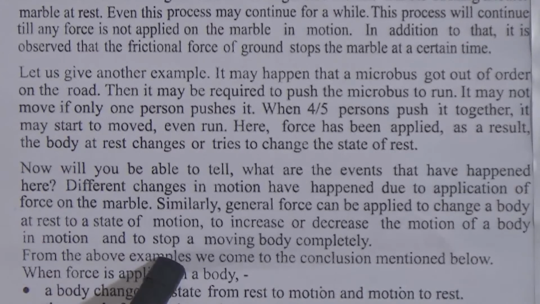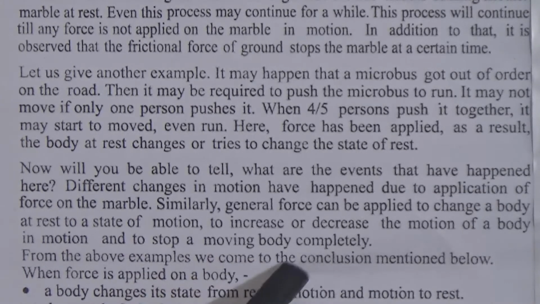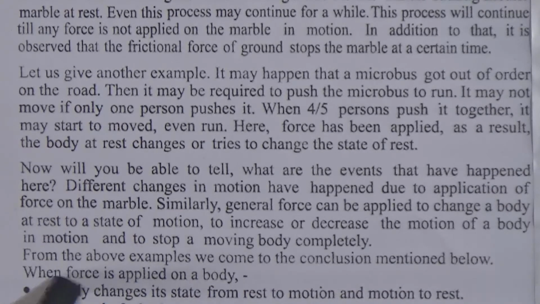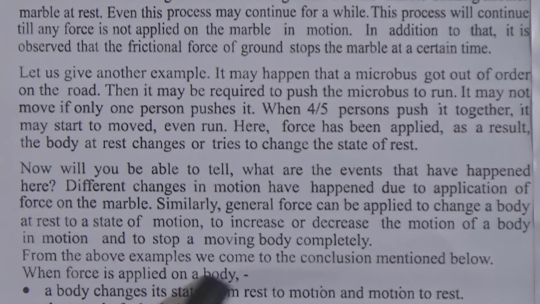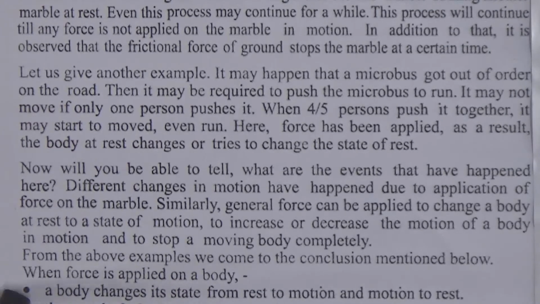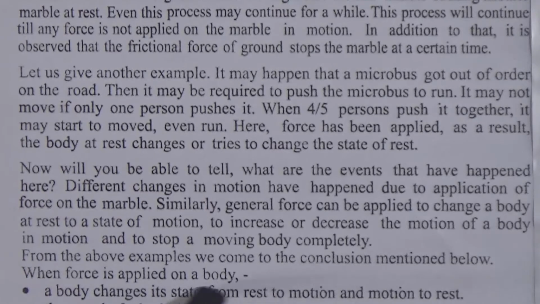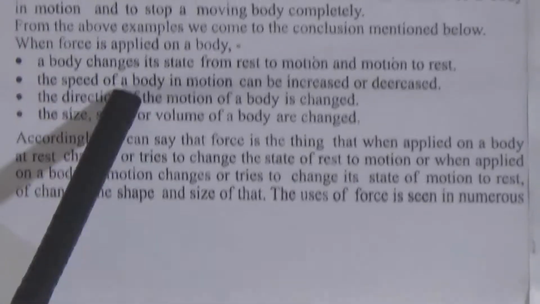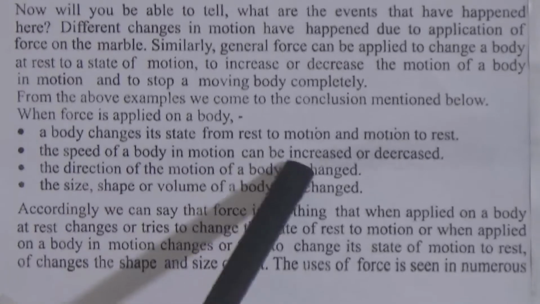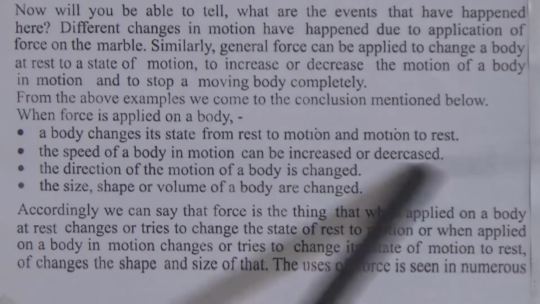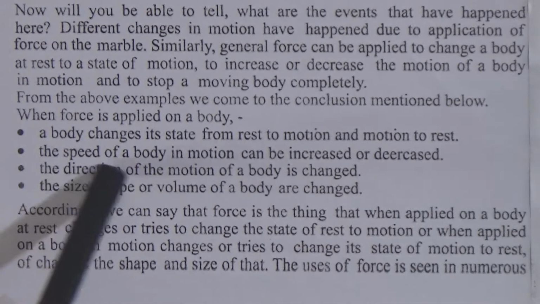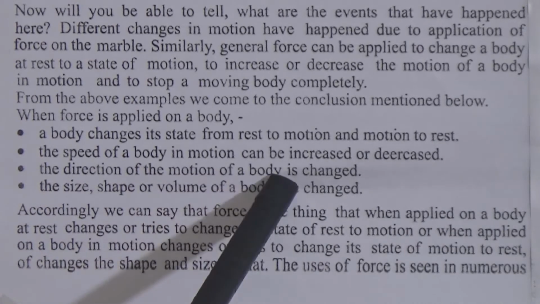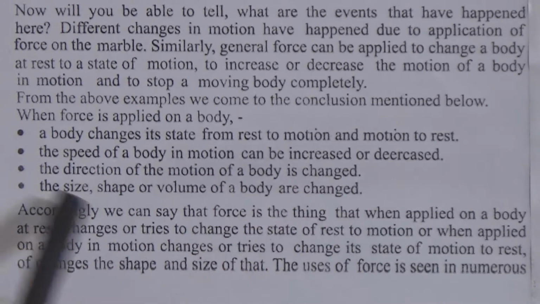From the above examples, we come to the conclusion mentioned below. When force is applied on a body, first point, a body changes its state from rest to motion and motion to rest. Second one, the speed of a body in motion can be increased or decreased. Third one, the direction of the motion of a body is changed.